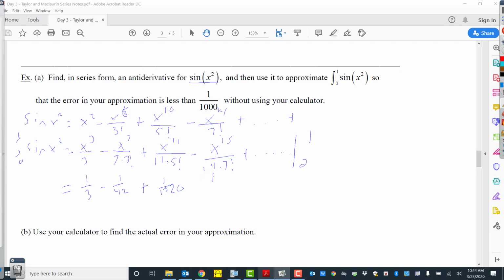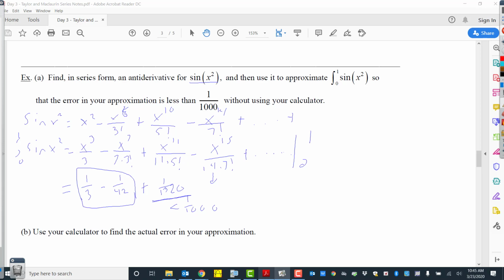So we actually don't even need to find this one because this is still an alternating series, but this term right here is less than 1 over 1,000, which means we only need these 2 terms to approximate this integral.